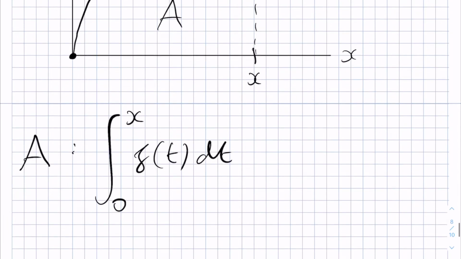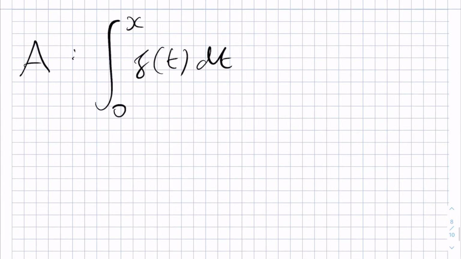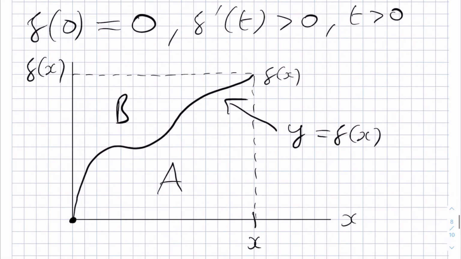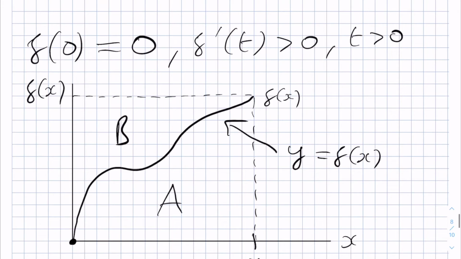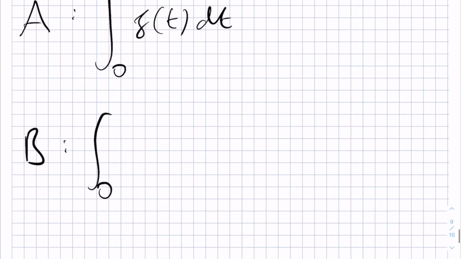So that's the area of A, but how about the area of B? Well, if you think about it, rather than integrating in this direction, we can calculate this area here by integrating in this direction. So we're integrating from 0 at the bottom, where we start down here, up to here, which is f of x in height.